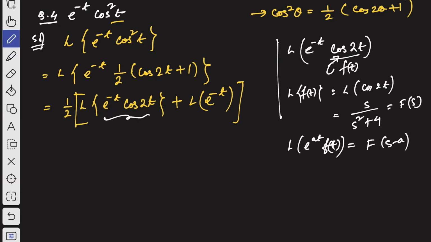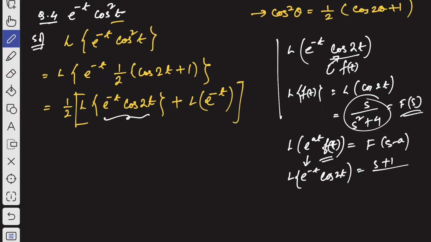And here in this case a is minus 1 because we have e to the power minus t here. And f of t is cos 2t, right? So F of s we have got this. So F of s minus a, sorry, a is minus 1 here, so it's going to be s plus 1 divided by (s plus 1) whole square plus 4. That's what we will get, right?